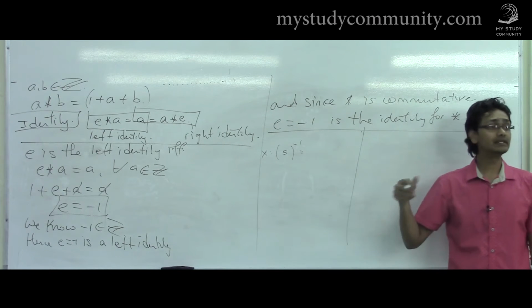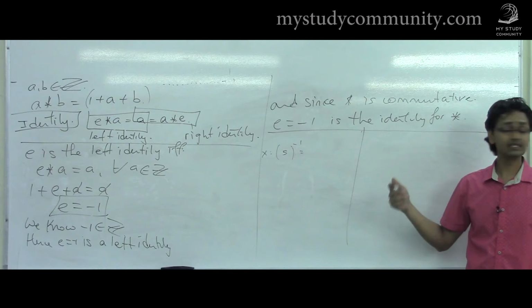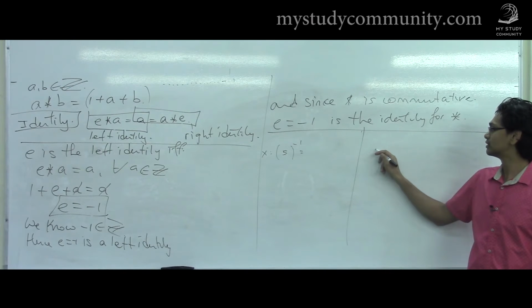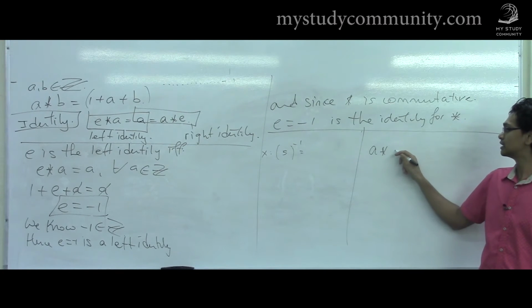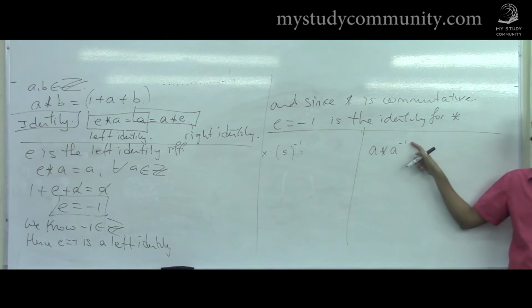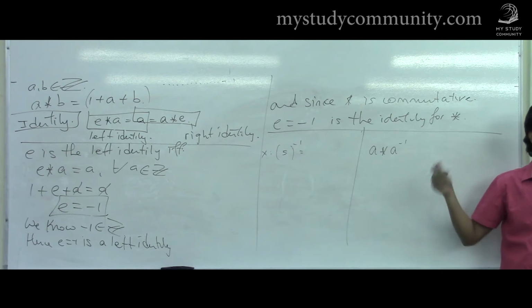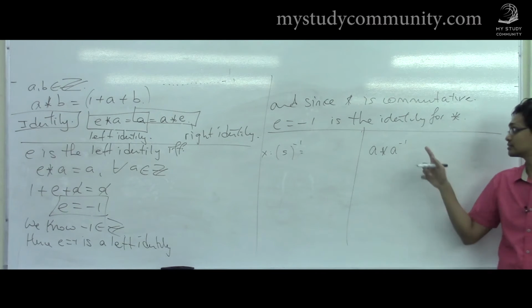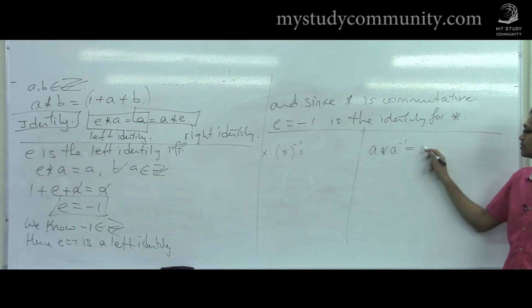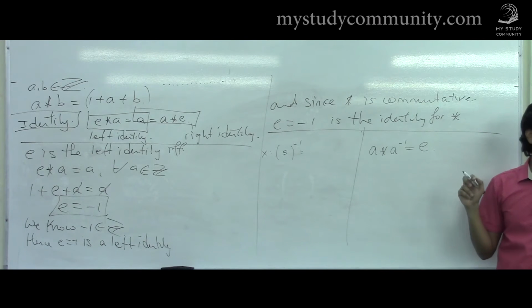The equation that we need to solve for inverses would be an element star the inverse of the element. I'm using this to represent the inverse, yes? Some people use B and then just say B is the inverse, right? It makes no difference. I'm just using this expression here. And this has to be equal to my identity element.